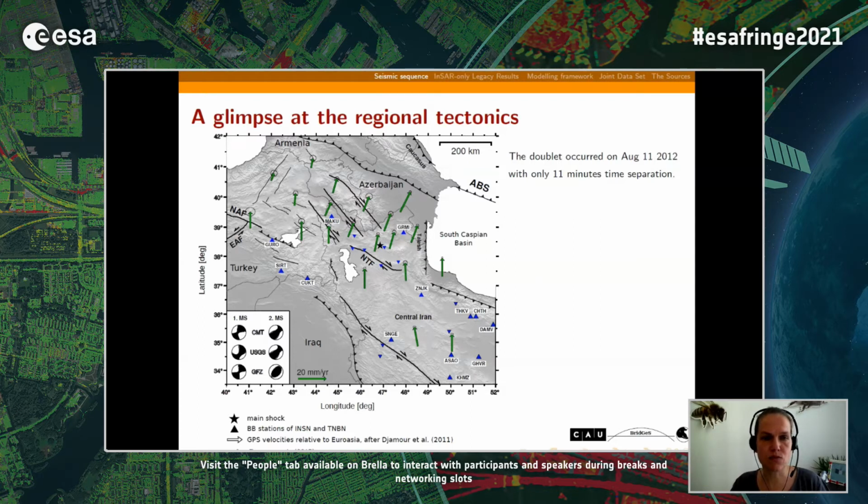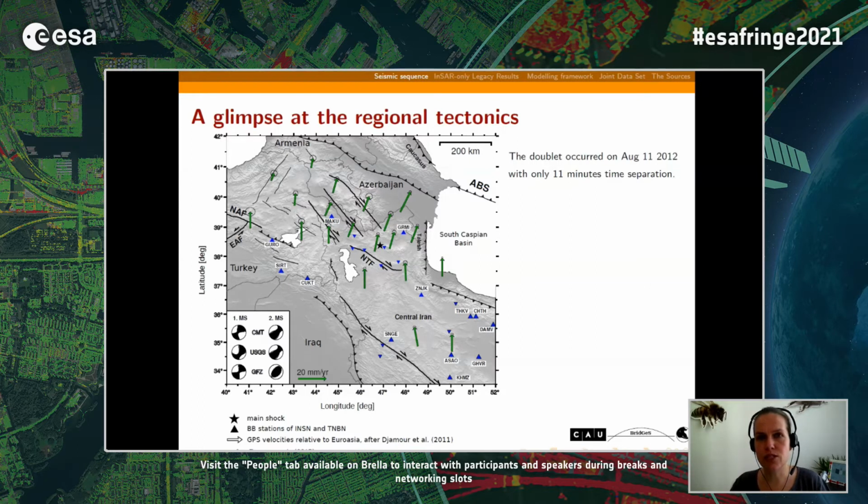And this is a region of northwest Iran converging towards Eurasia, and we have a slight bend in these GNSS vectors at the North Tabriz Fault, NTF called here. So for this earthquake doublet, we had less separation than for Greece or Ridgecrest. We have just 11 minutes of separation between two earthquakes.